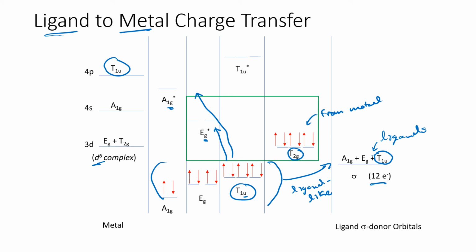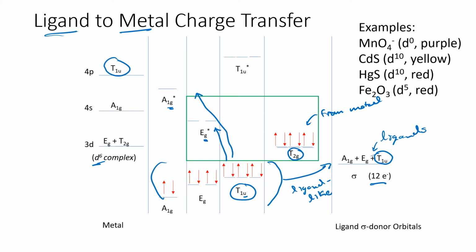But this is just for a D6 complex. There's all sorts of different electron counts and different transitions that could be possible. So here are a few examples of complexes that exhibit this ligand to metal charge transfer, and these are very common. So you see one of these is permanganate, this dark purple, dark pink, whatever color you see. That oxidizing agent, right?